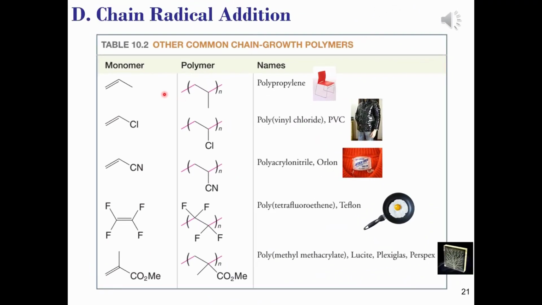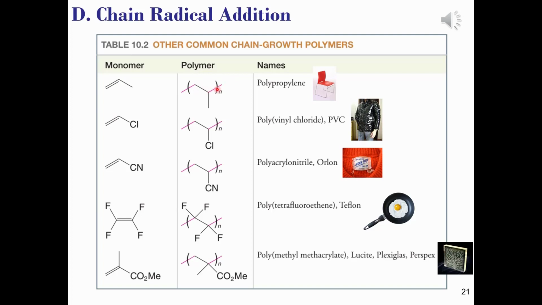Irrespective of chain lengths, polymers are easily recognized by placing brackets or parentheses around the carbon framework which was found in the original monomer unit. So in the first instance, we see that polypropylene came from the monomer propene, and that the two pink carbons just represent this chain continuing to repeat.